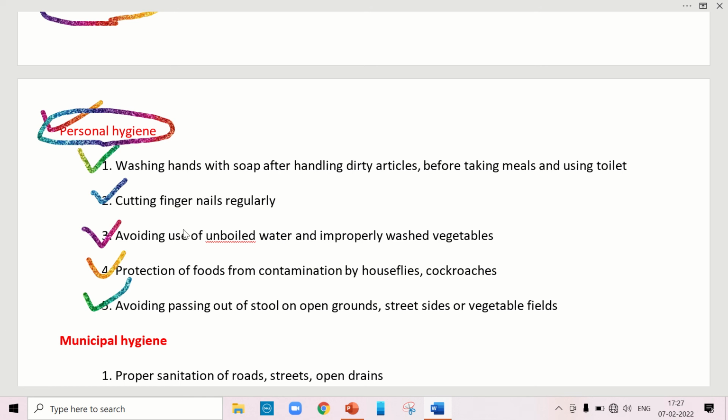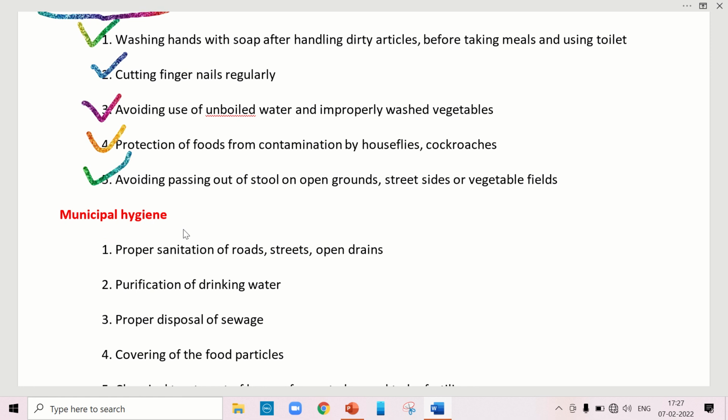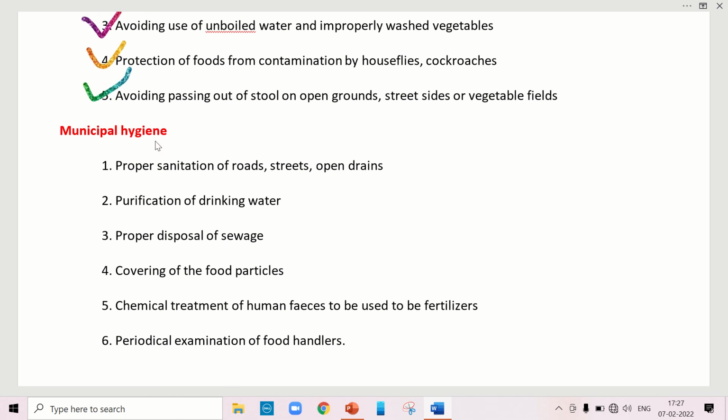Again, municipal hygiene is the responsibility of town areas or municipalities or other local bodies. They must take the following preventive measures that can be studied under municipal hygiene. Number 1, proper sanitation of roads, streets, open drains.